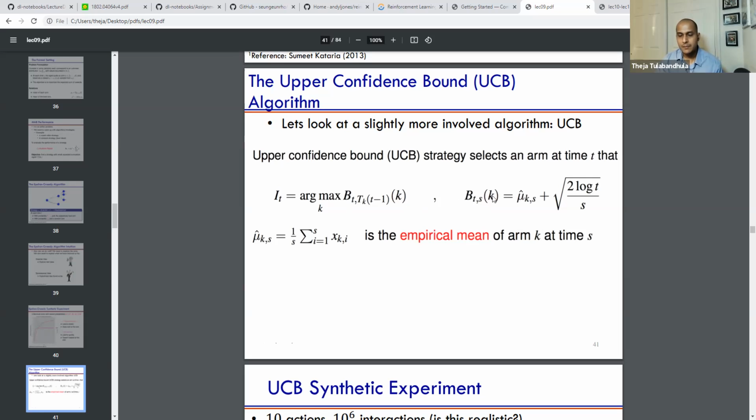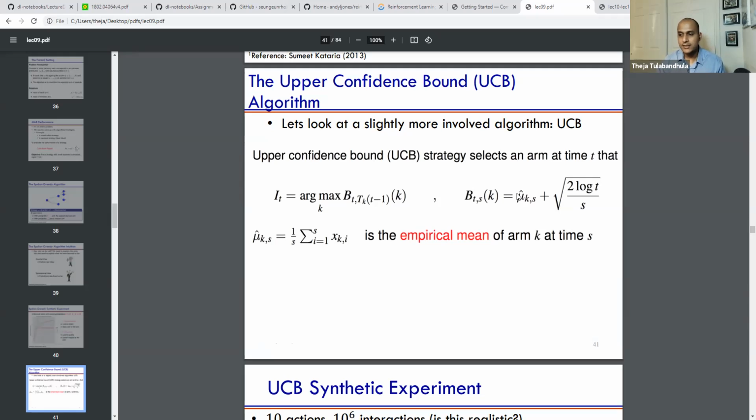So what is this number B? The number B is composed of 2 parts. The first part is the same as what we were doing in Epsilon-Greedy. If you take action A 30 times, out of those 30 times, what is the empirical average of the reward that you're tracking? For example, you took decision A 30 times, and maybe you had sales 15 times, then the performance of action A is 15 by 30, something like 50%. 50% of the time you make a sale.